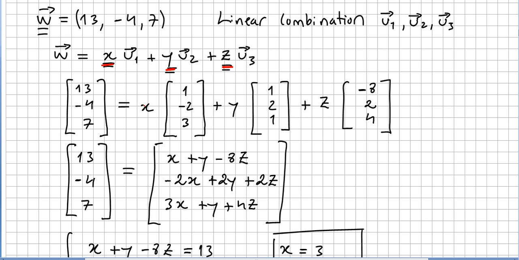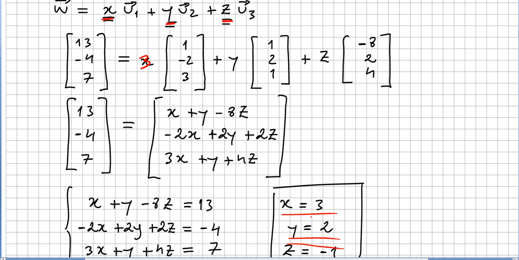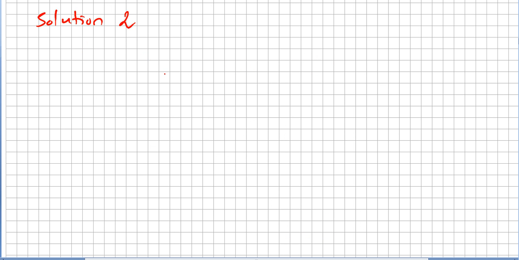You can try now, with x equals 3, y equals 2, and z equals -1. Just the first line: 3 times 1 is 3, plus 2 is 5, minus 1 times minus 8 is 8, and 8 plus 5 gives you 13, right? And that is correct. So this is the solution for the system: x equals 3, y equals 2, z equals -1.